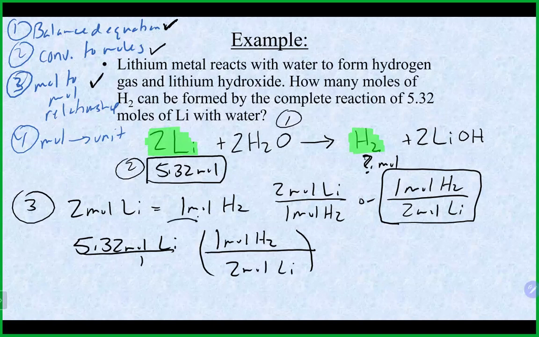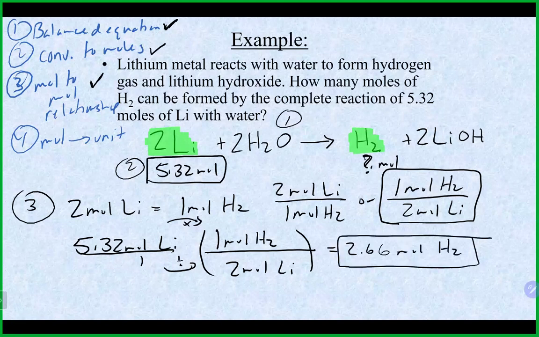And just like any normal dimensional analysis, we're going to multiply the top, divide the bottom, and that's going to get us basically here 5.32 divided by 2 is 2.66 moles of hydrogen.